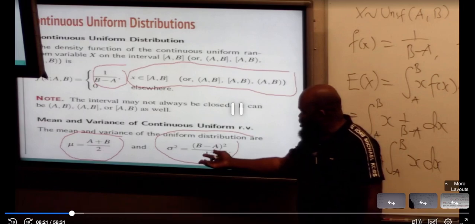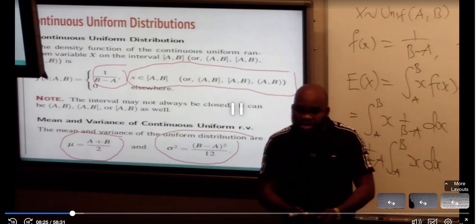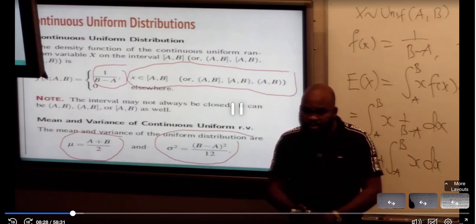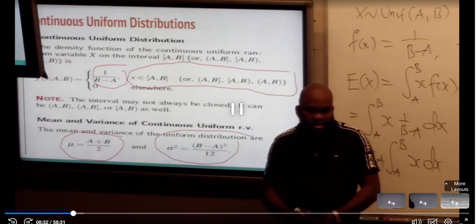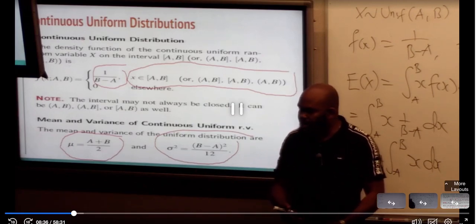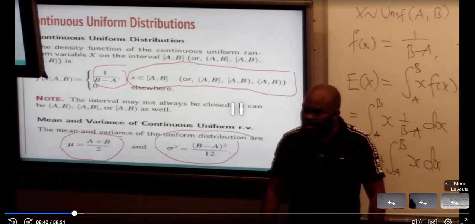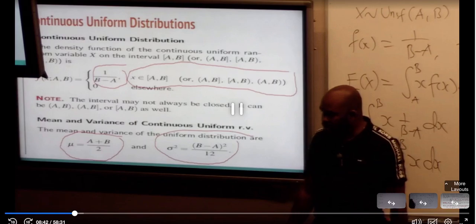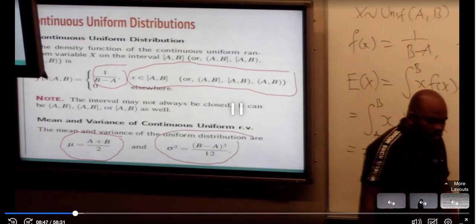We also use this distribution in computer simulation. If I want to simulate numbers over a range of A to B, the idea of using uniform is to guarantee equal chance to numbers within the given interval.